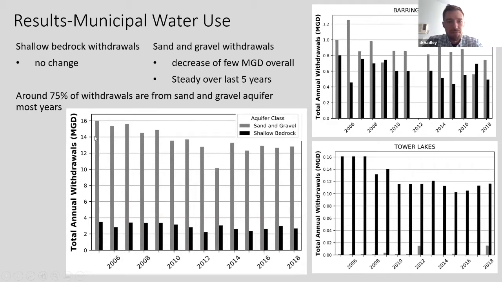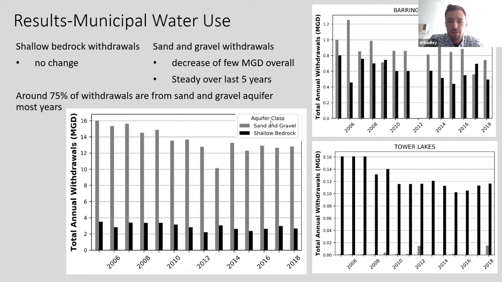And so from 2005 to 2018, there's generally been a slight decline in sand and gravel withdrawals when looking at the total withdrawals from all these communities. And the shallow bedrock withdrawals have essentially remained pretty flat. In most years, around 75% of withdrawals are from the sand and gravel aquifer system.